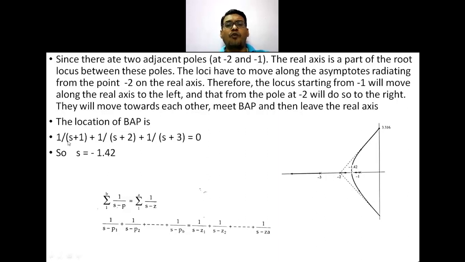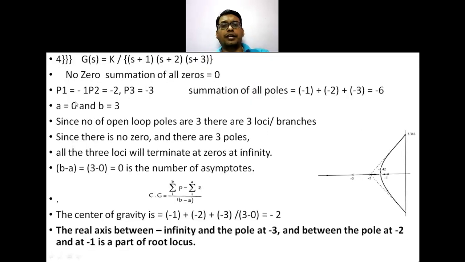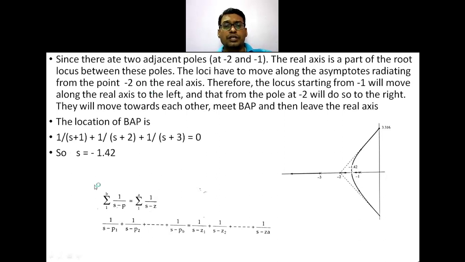The summation of all 1 upon s minus p is calculated with P1 equal to -1, P2 equal to -2, and P3 equal to -3. So 1 upon S plus 1 plus 1 upon S plus 2 plus 1 upon S plus 3 is equal to 0.